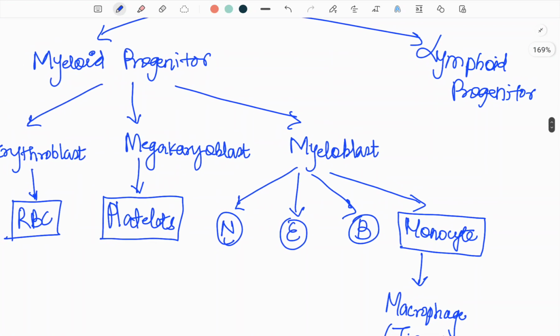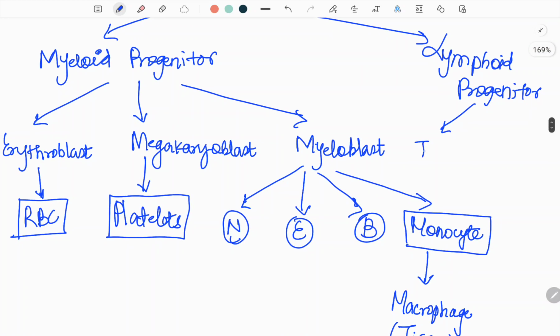Now this lymphoid progenitor will transform into lymphocyte: T lymphocyte, B lymphocyte, and natural killer cell.